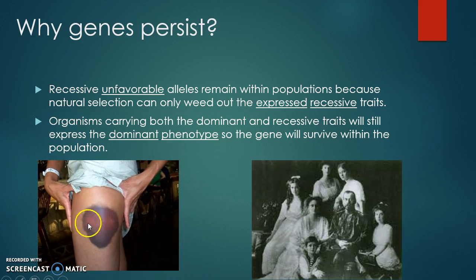The picture over here is of a person's thigh who has hemophilia. This large discoloration is a bruise that doesn't stop bleeding. These people have a hard time stopping bleeding. They internally bleed a lot. If they get cut, they bleed for long periods of time.